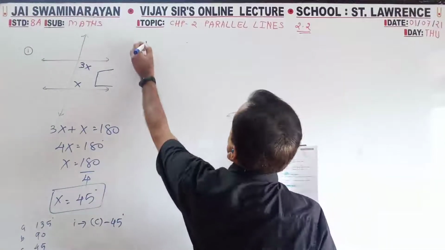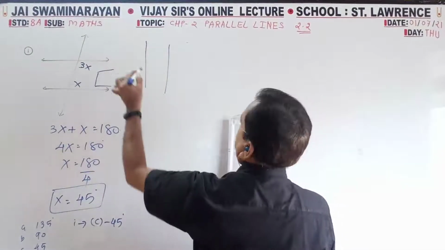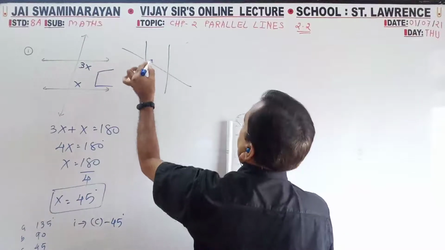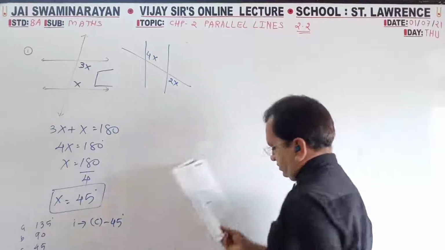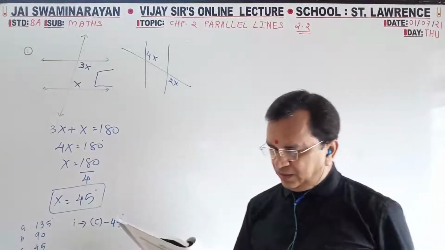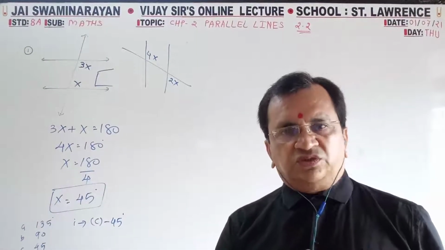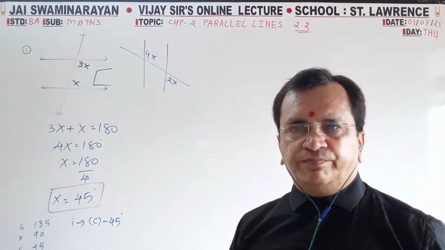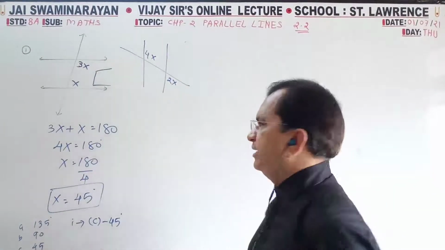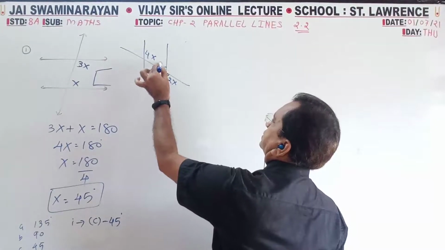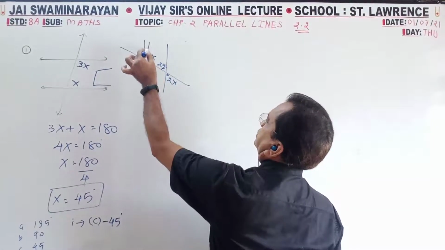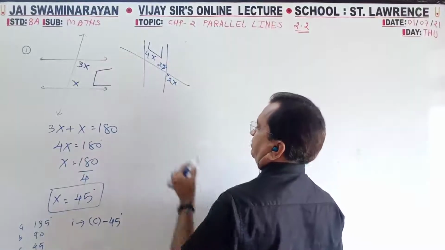Now the next diagram is given. This is 4x. This is 2x. This is also an MCQ type. And this is a C shape.